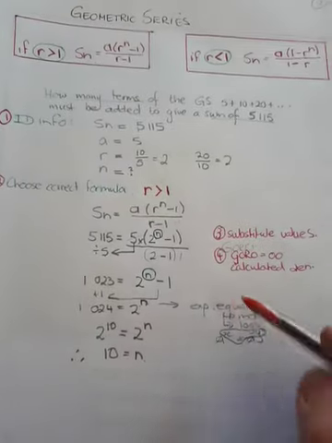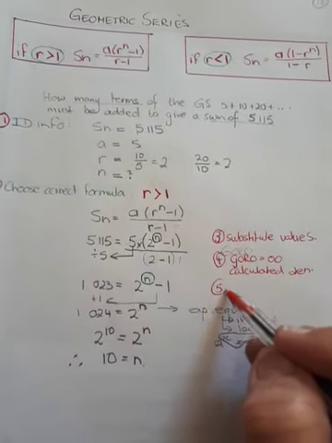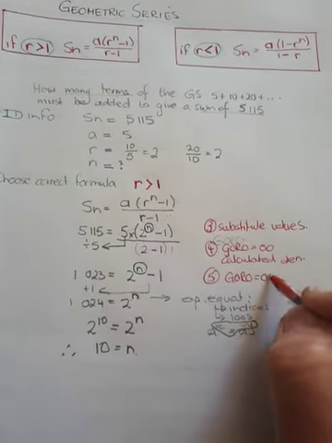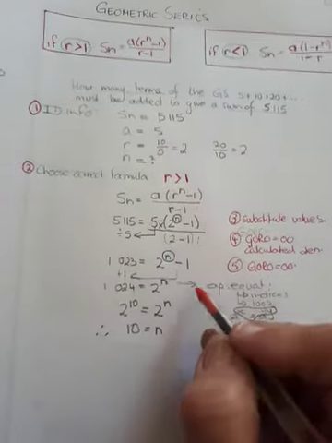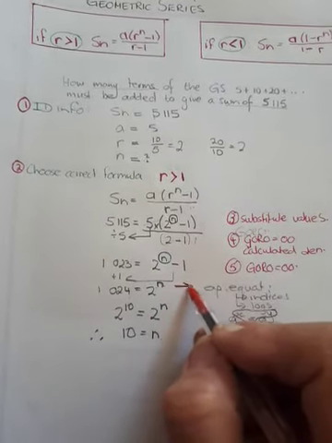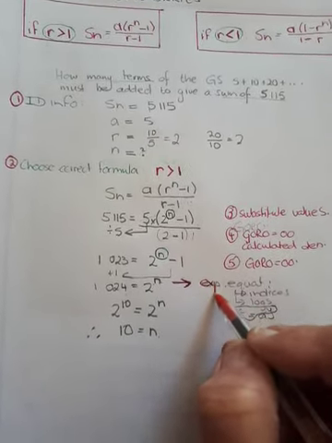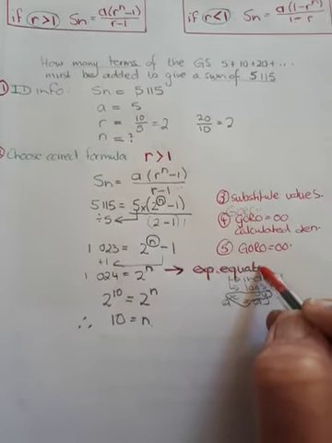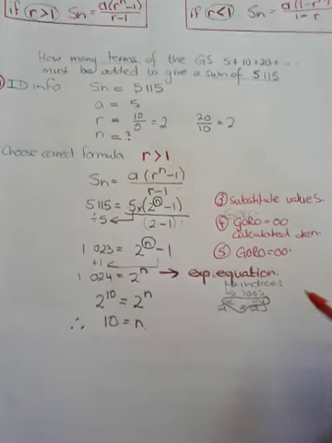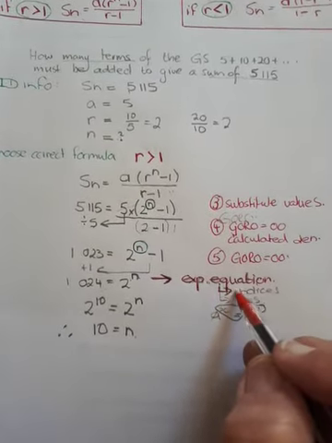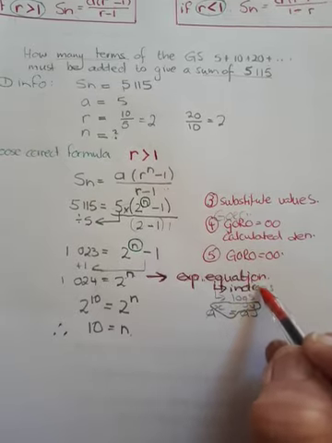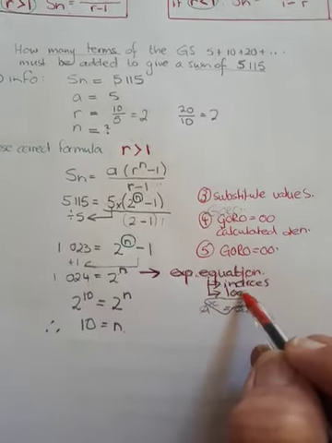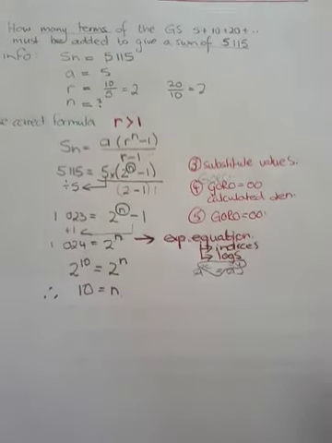Then furthermore, step 5, we are still doing Gr10. We are taking over the 1. Right, and now importantly, you must recognize this as exponential equation, which we have just done very recently. And remember, you can solve it by either using indices or you can use logs. Okay, it makes no difference.